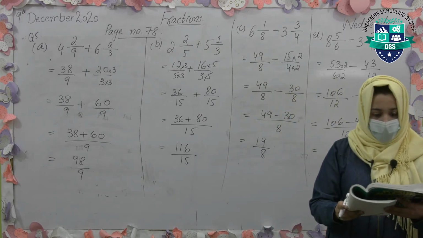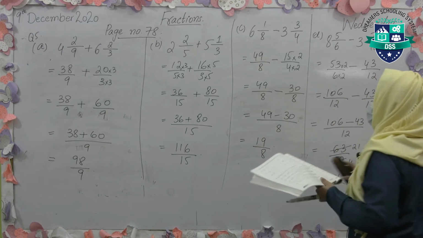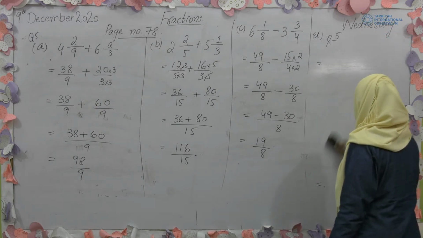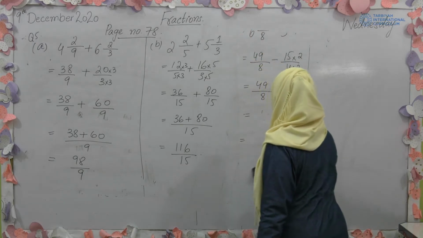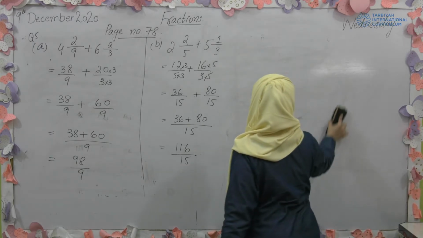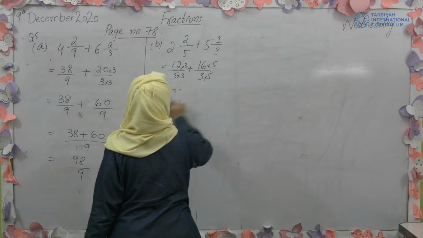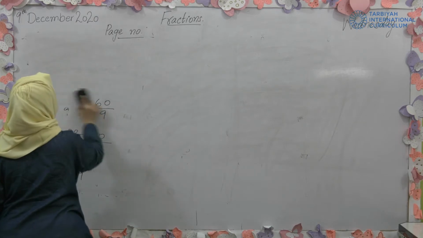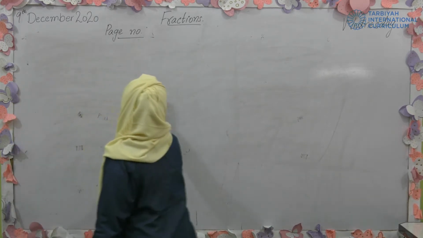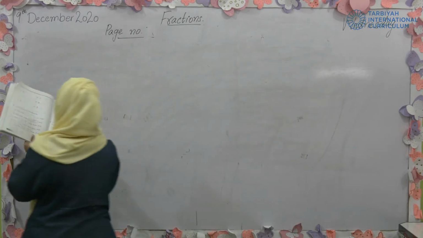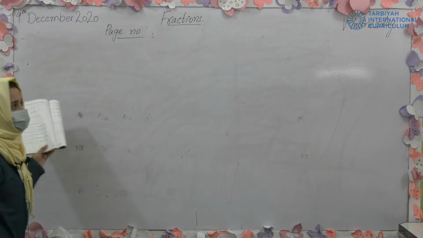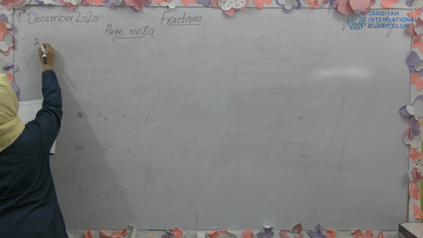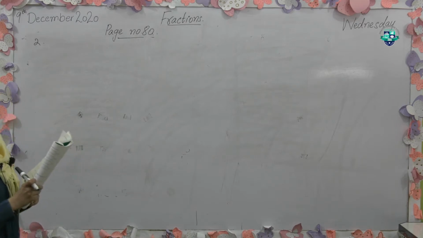Page number 80, question number 2. Express the following improper fractions as mixed numbers.